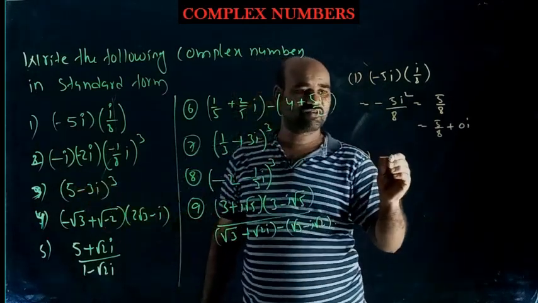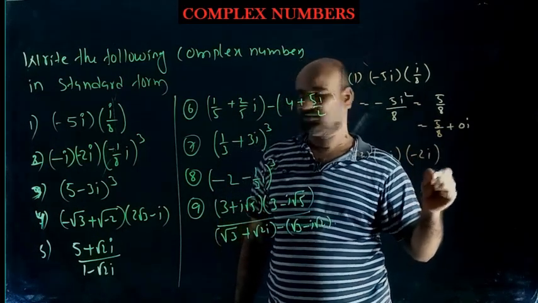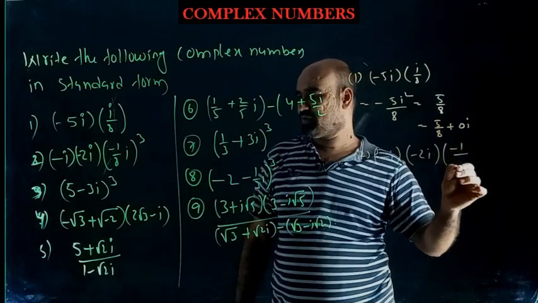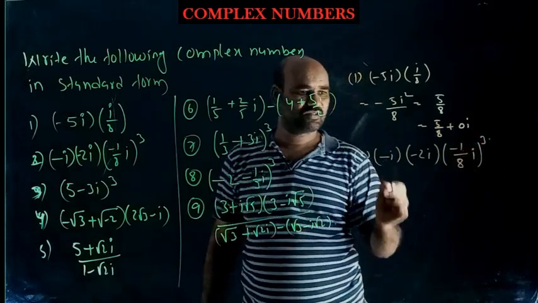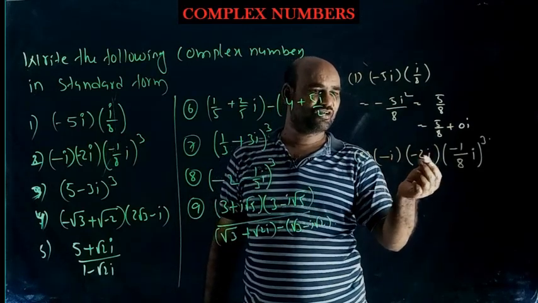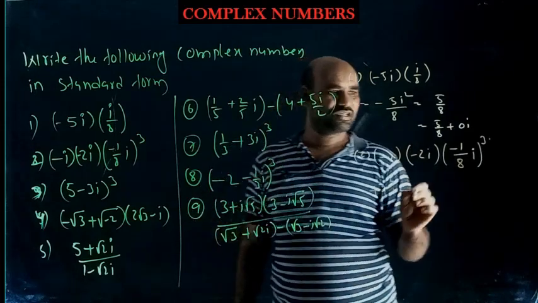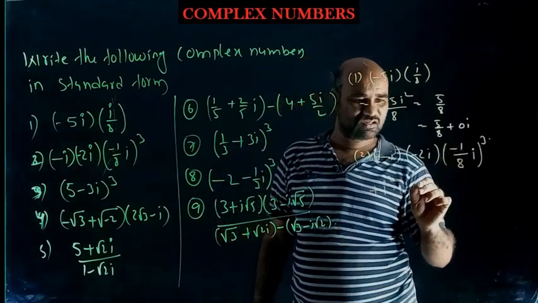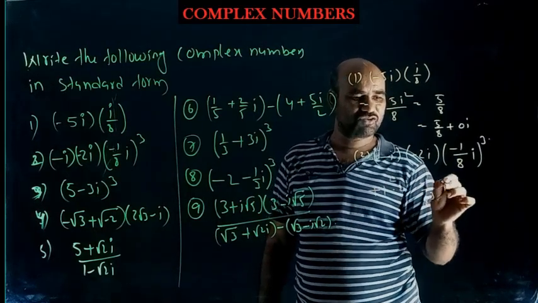So second problem here. Minus iota into minus 2 iota into (minus 1 by 8) cube. Okay. Minus iota as it is, minus iota into minus 2 iota, minus and minus is plus, iota square into 2. Here (minus 1) cube means minus 1 only, minus 1 by 8 cube, into iota cube.